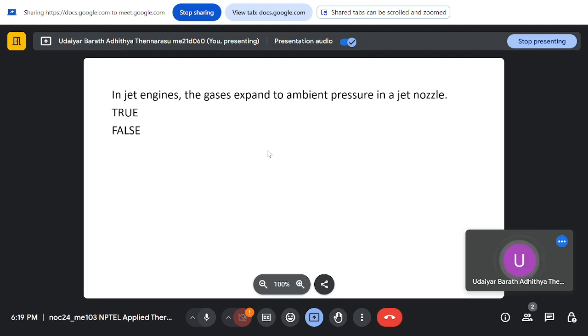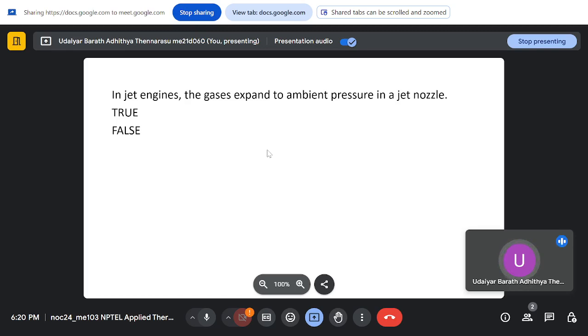So next question is, in jet engines, the gases expand to ambient pressure in a jet nozzle. A, true, B, false. So what is said? You have an engine, the air is coming in at some velocity. If you have a ram effect, there is a rise in pressure, then you are compressing it. Then there is heat addition by fuel injection and combustion.